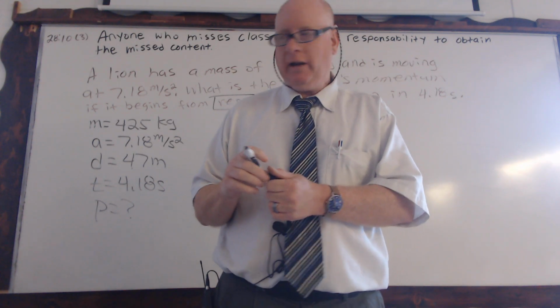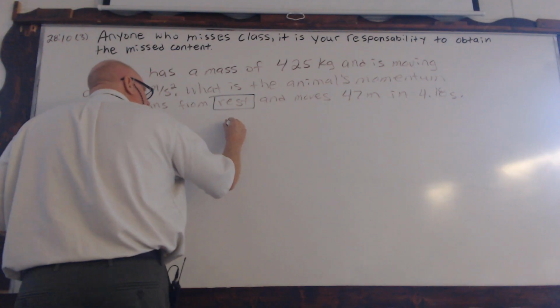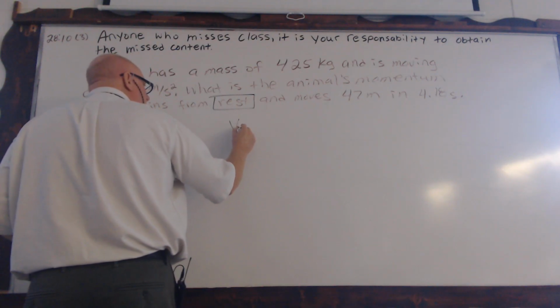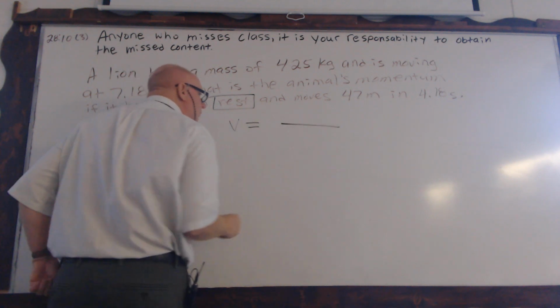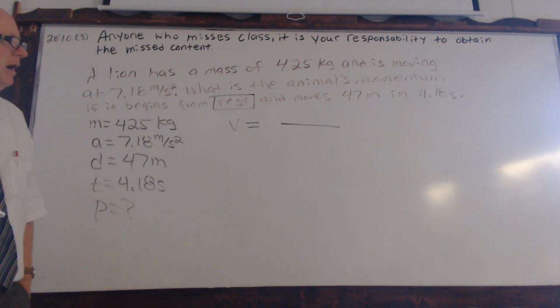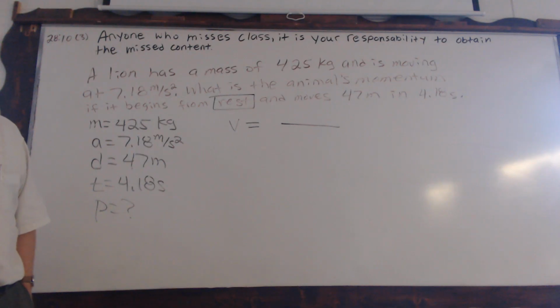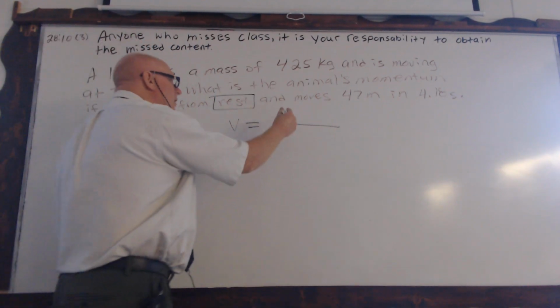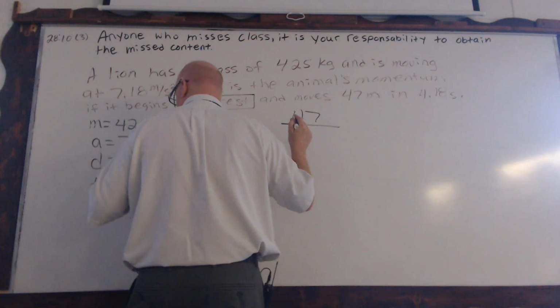Let's take things one at a time. Velocity equals what's on the right-hand side of that equation? The 47 over 4.18.